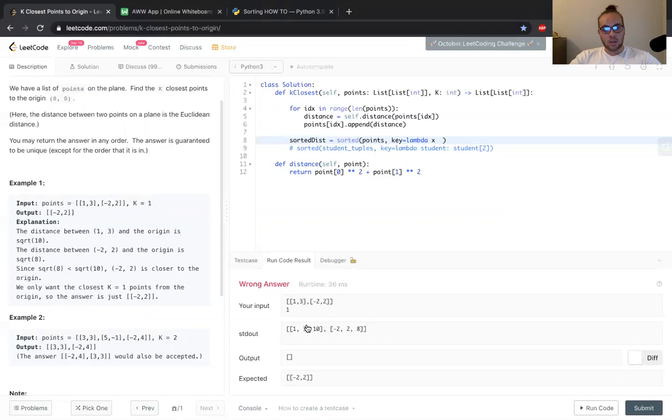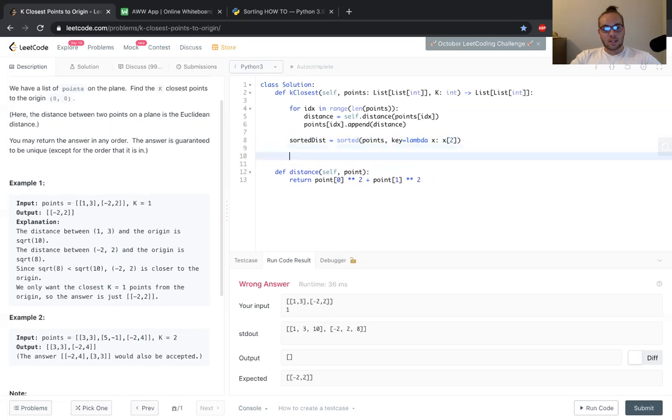We want to sort with respect to the third thing inside of this thing, right? So pretend X is this tiny array here of 1, 3, 10. We want to sort with respect to the thing that is third within this array, or actually it's 2, right? Because we're working with indices here, because we're 0, 1, and 2.